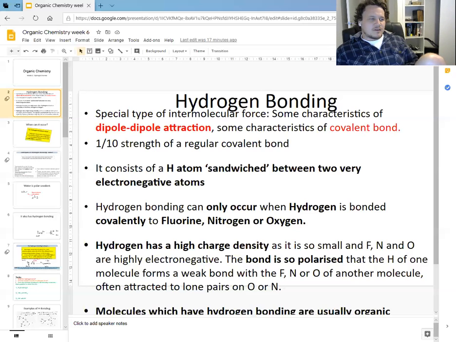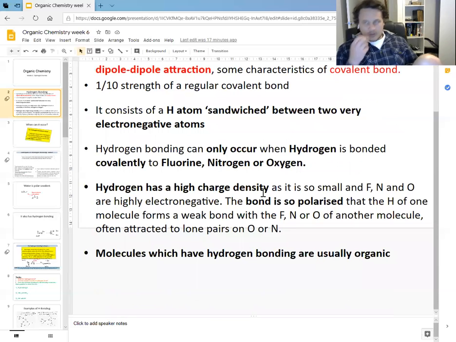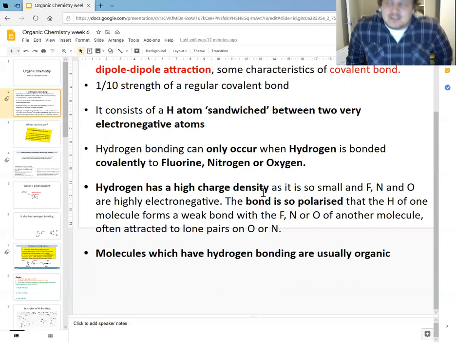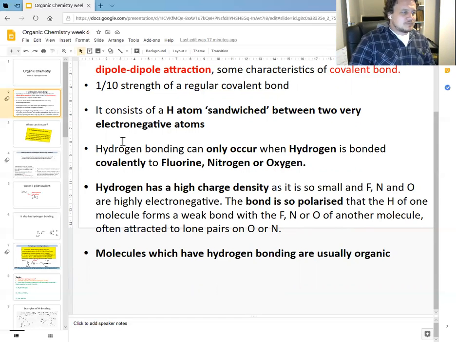So, again, molecules that have hydrogen bonding are almost exclusively organic molecules. I don't speak in absolutes, but they're virtually almost exclusively organic molecules.